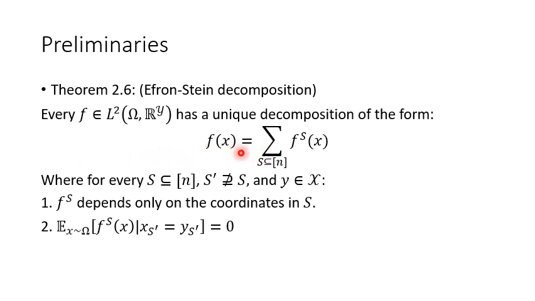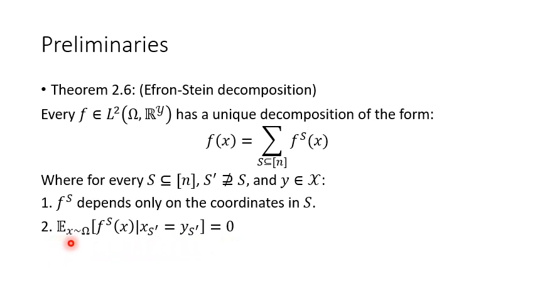And this decomposition obviously needs to have some properties, so we will require that for every S subset of coordinates, another subset of coordinates S tag such that S has some element that is not in S tag, and for every y in X, we will first require that f_S depends only on the coordinates in S, or equivalently, that the relevant coordinates of f_S are all contained in S. And secondly, we will require that when we take the expectation over a random x of f_S(x) and condition x to be equal to y on the coordinates of S tag, then this conditional expectation should be equal to 0.